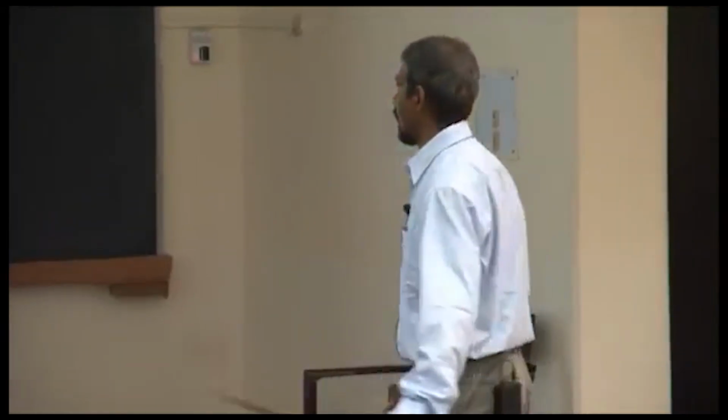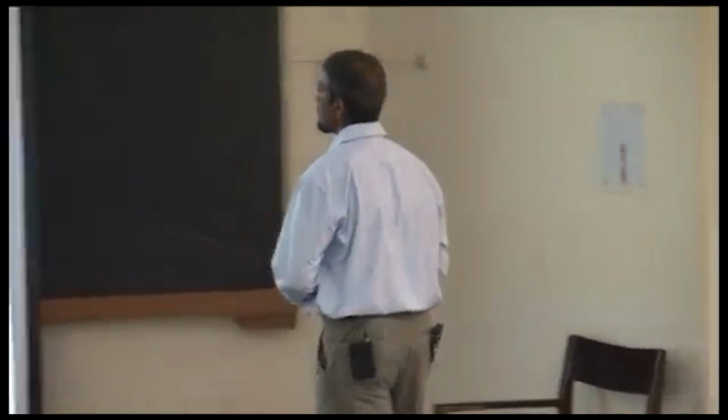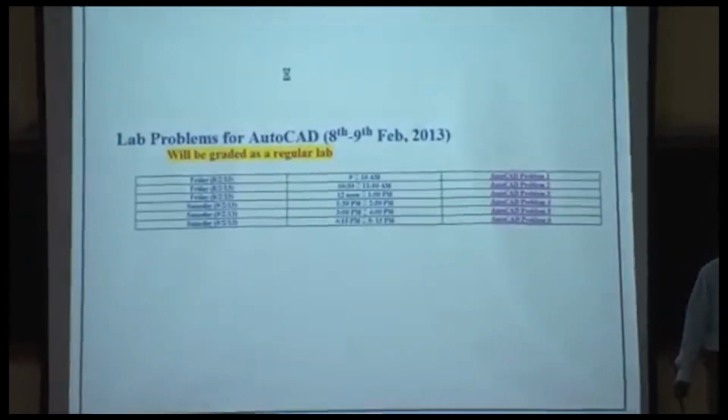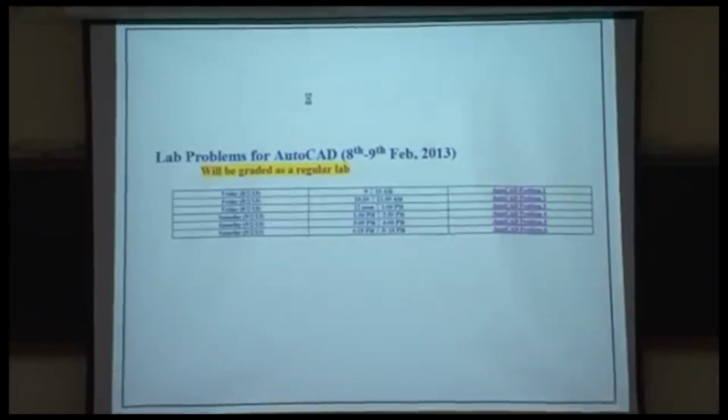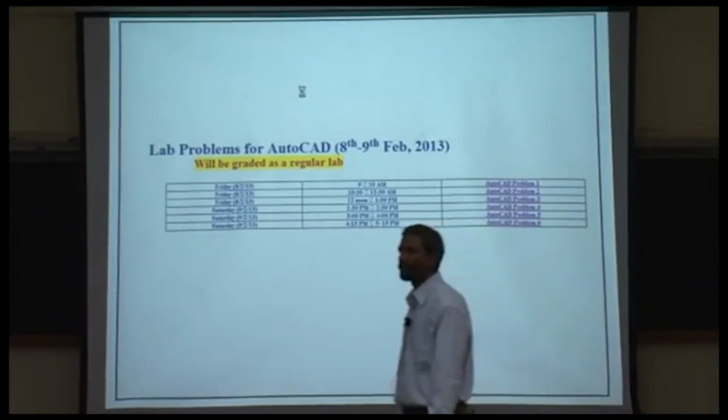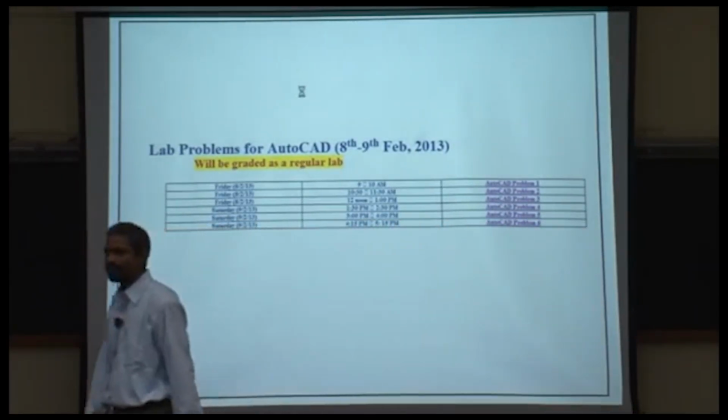Okay. So if you go through my web page, I have chosen 6 problems. 1, 2, 3, 4, 5, 6. Okay. So go through my web page. You know which session you belong to. Click on the respective problem.